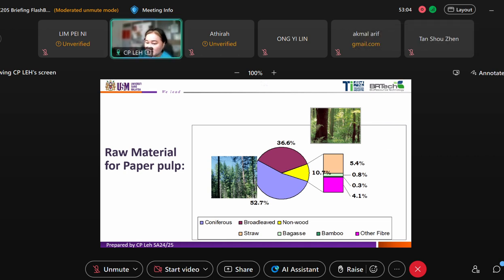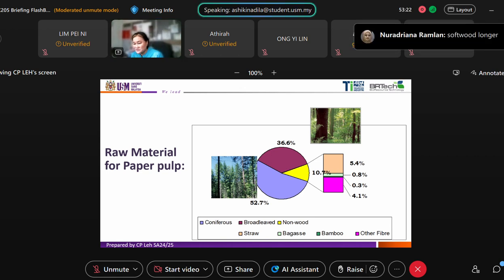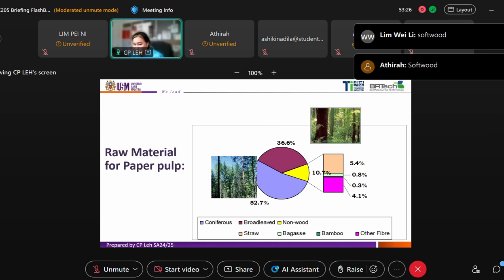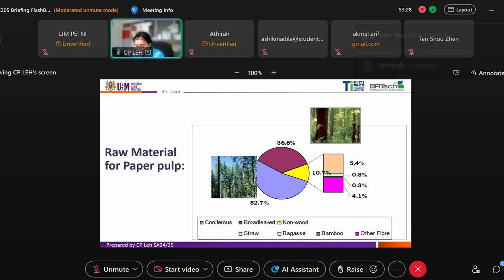So softwood and hardwood, which one has a higher fiber length? Softwood's longer. Okay, thank you. So as we know, trachea is for softwood. So what is the fiber for hardwood?